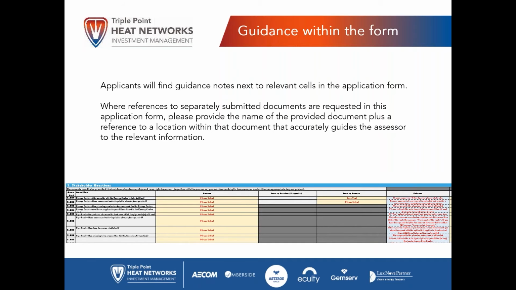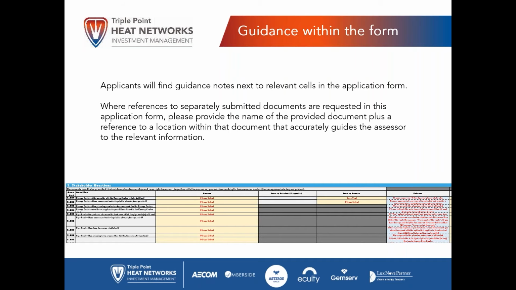As you work your way through, you will see some notes next to some of the different cells. These tend to be in red. You can see on the right-hand side of your screen, there's some red text there. It gives you a little indication as to what we're expecting to see in response to that question.